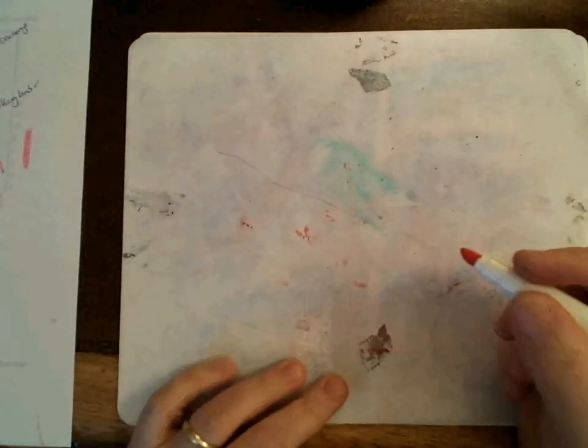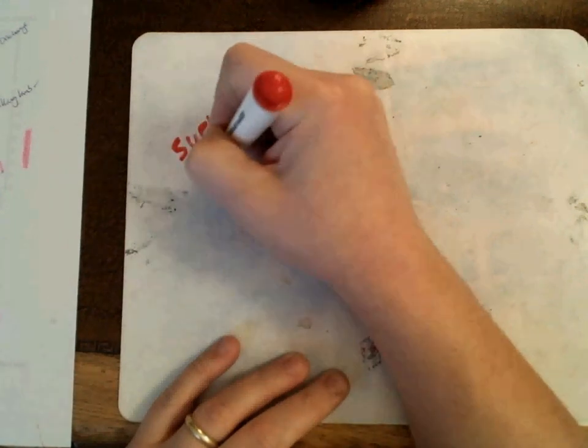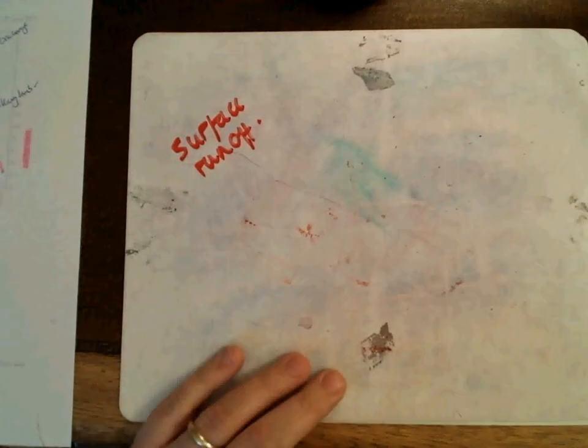Okay, one last little reminder. Some key terms. You need to understand surface runoff. Surface runoff is the movement of the water over land.